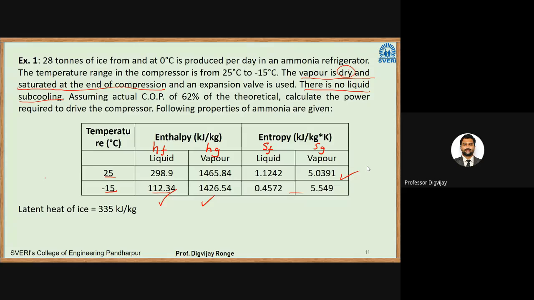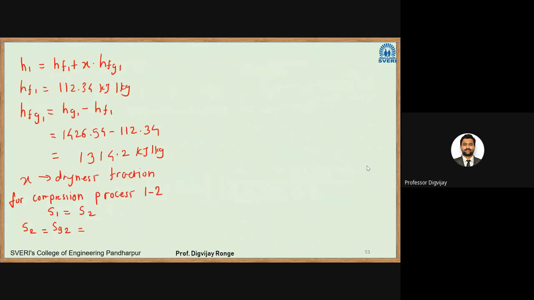5.0391 kilojoule per kg Kelvin. Okay. So that will be the value of S1 also. Now S1 will be equal to what?